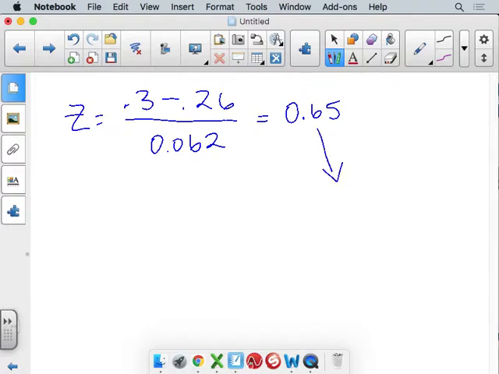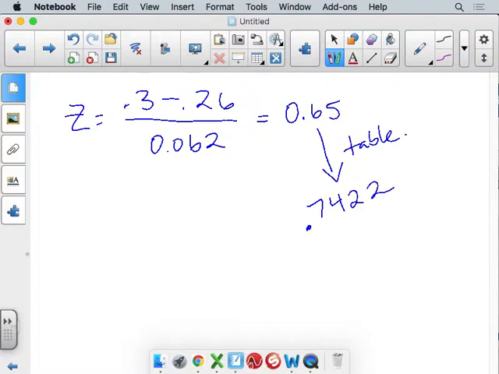So you look at your table, and let me do some mental math here. That would be 0.7422, I think. Right.